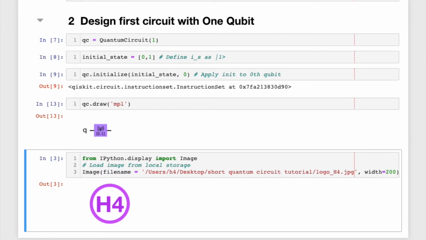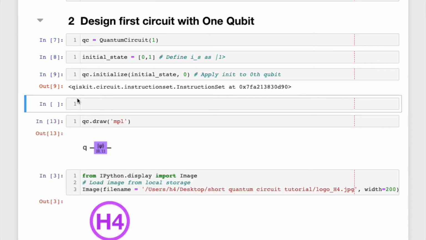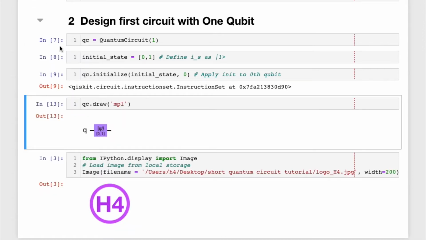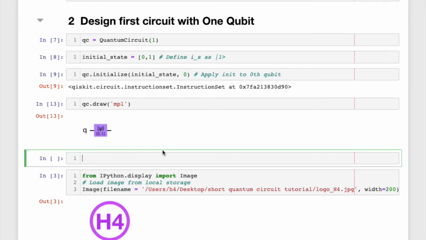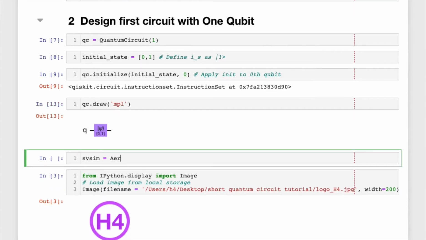The next thing we do is tell Qiskit how to simulate our circuit. There are several ways to simulate the circuit, several algorithms, and they deliver similar but not equal values when we do the simulations.